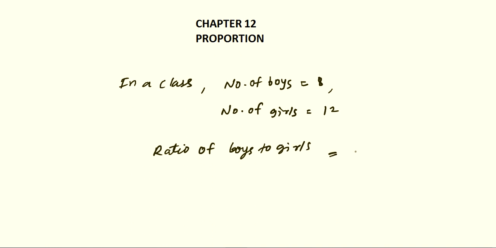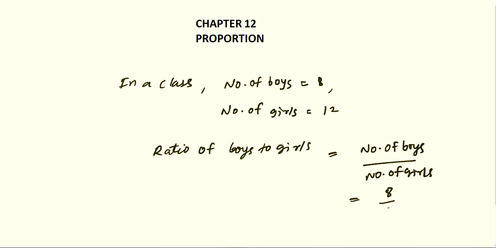So for that I have to divide number of boys by number of girls. So number of boys 8 upon number of girls 12. So 4 2s are 8, 4 3s are 12. We got here 2 by 3, and further we can write 2 ratio 3, which is 2:3.